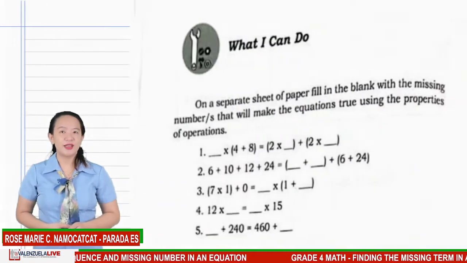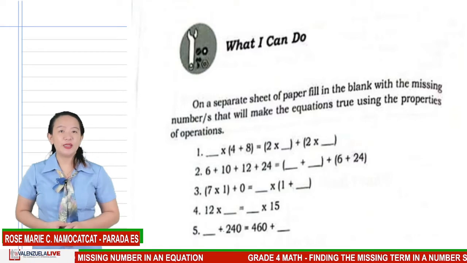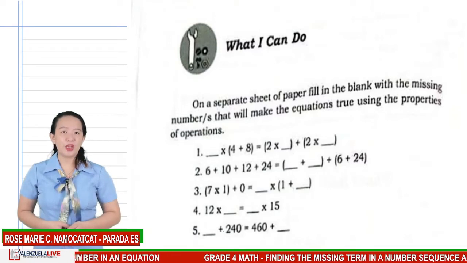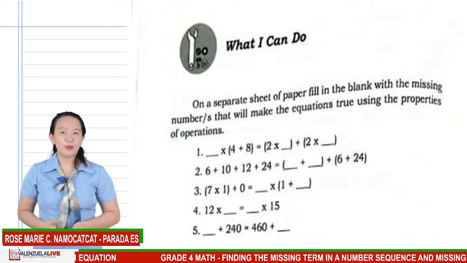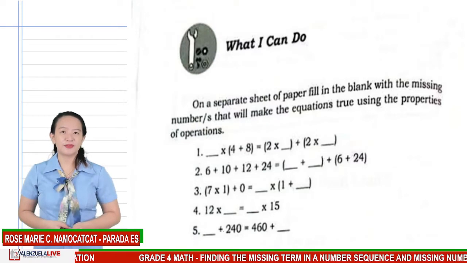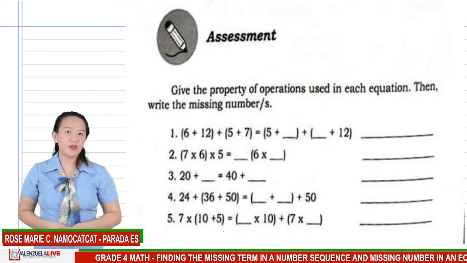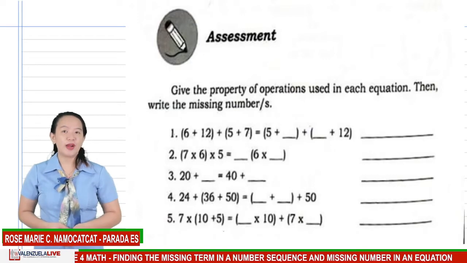Next, what I can do: on a separate sheet of paper, fill in the blank, the missing number or numbers that will make the equations true using the properties of operations. For the last assessment, give the property of operations used in each equation, then write the missing number.